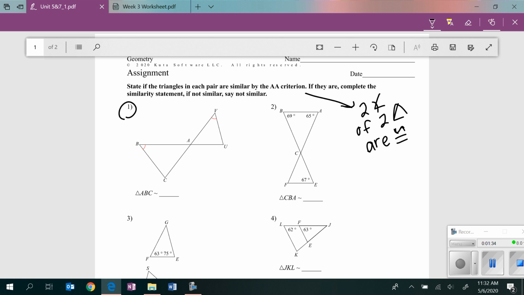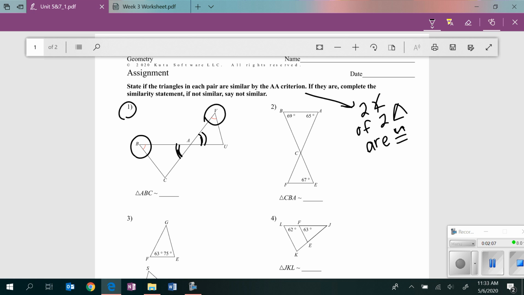Okay. Right off the bat, I see that B and V are congruent to each other because they've got those congruency marks. That's what that little arch in the angle means. And I've noticed that I've got vertical angles, BAC, that angle right there, and I'm going to mark it with 2 because that way I know it's not the same as angle B or V. And that angle is vertical to angle VAU.